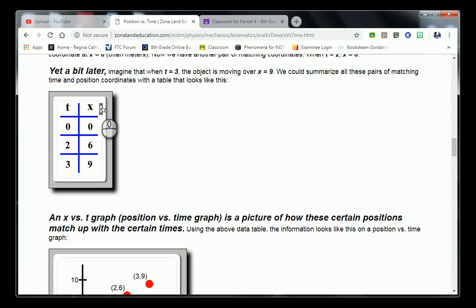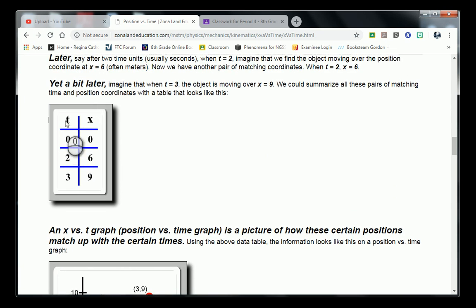So if you look at this, you have your T for time. This is your X coordinate, and this will be your independent variable. And then over here, this is going to be your X, which is your position, and this is your dependent variable.